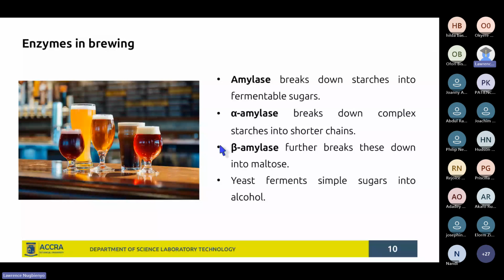In Ghana, we have production of some beers from cassava, for instance. So it means the source of the carbohydrates from which the alcohol is going to be produced is cassava. But much of the production of beer is from cereals.